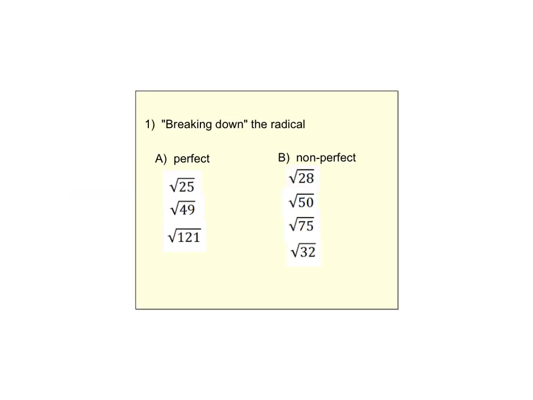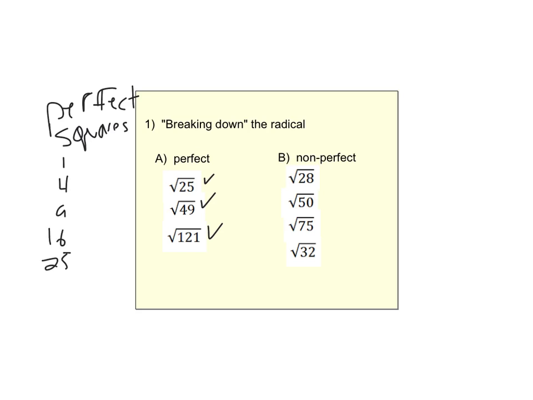So let's start with this. When you break down the radical, these are considered perfect, and you might recognize that those are also considered the perfect squares. So perfect squares are 1, 4, 9, 16, 25, 36, and so on.